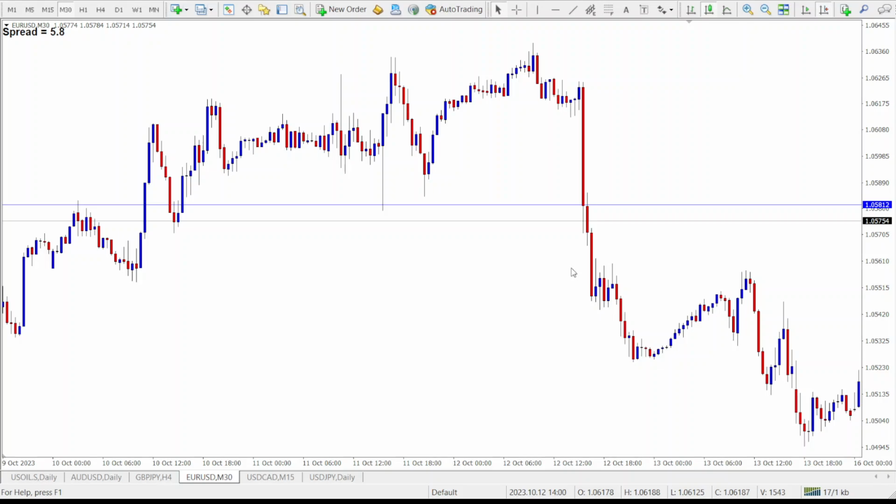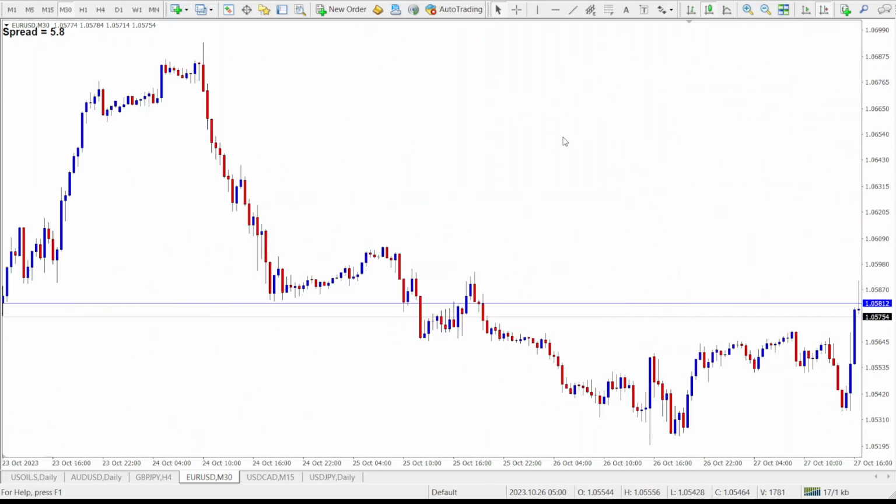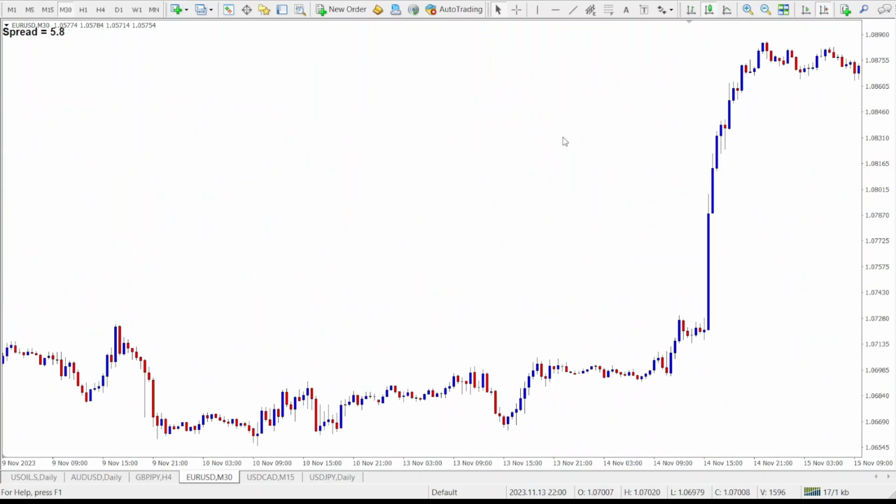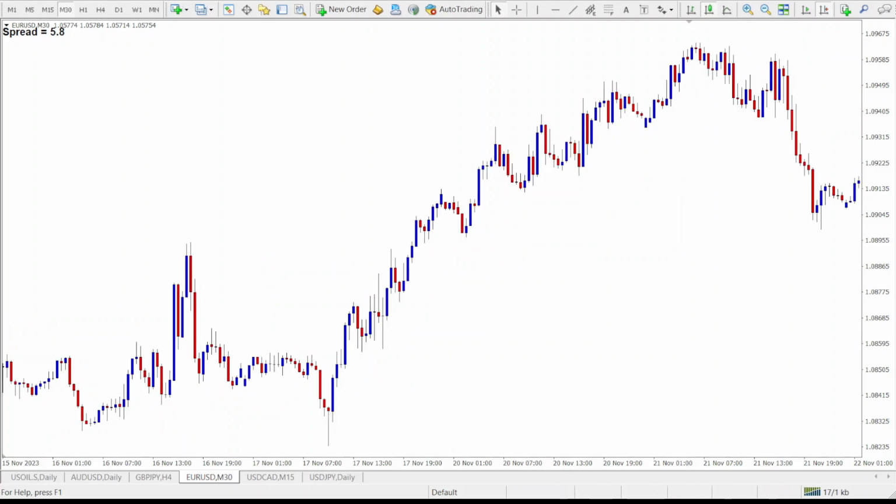Whether you are a scalper looking to take advantage of currency pairs with small spreads, or another kind of trader who just wants to check different brokers, perhaps an arbitrage trader who likes to take advantage of the price discrepancies across different platforms, the spread indicator might be able to give you insights.